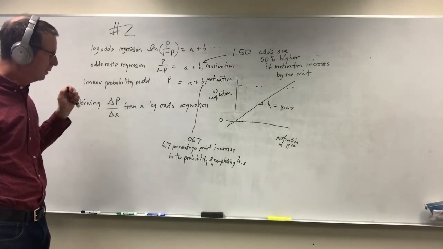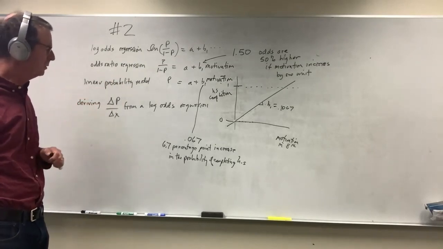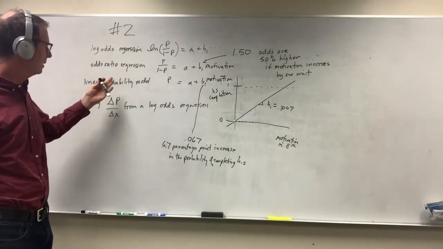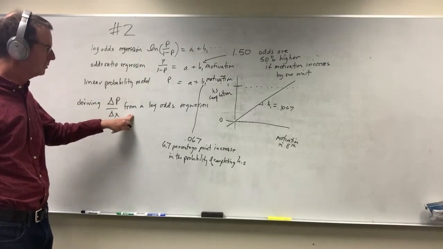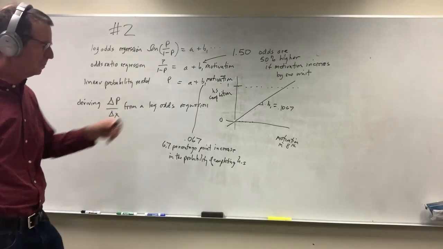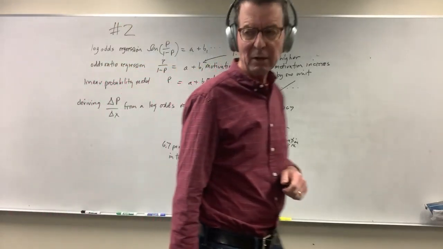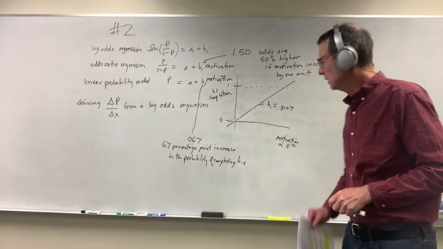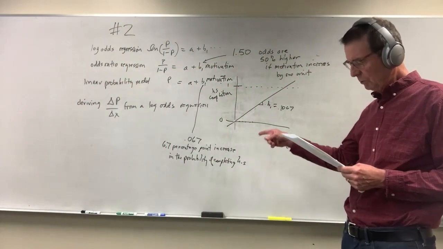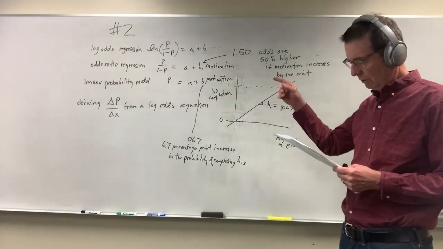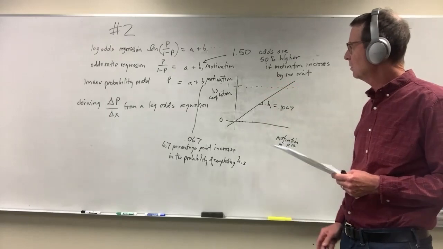So what you usually find when you compare a logistic result to a linear probability result, you get some differences. It depends on where you do the evaluation of the change in probability. In this case, instead of a 0.067 percentage point increase, it was a 0.089 percentage point increase.